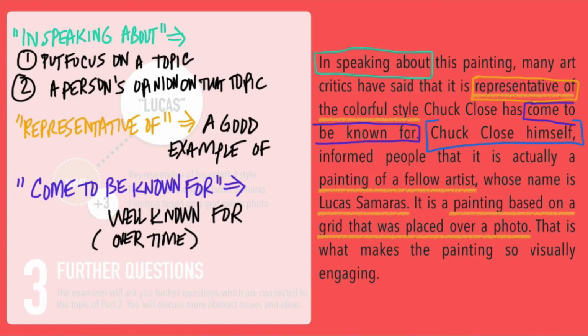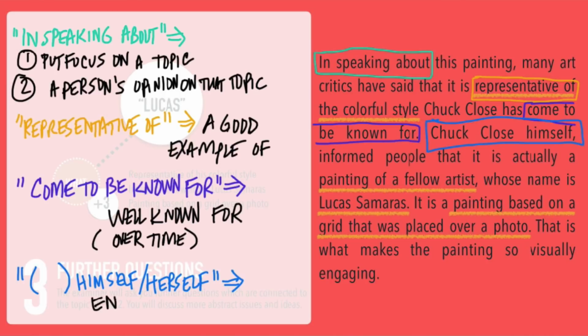Chuck Close himself. So, let's write this on the left side. We have a person's name and then either himself or it can also be herself. Now, we use this pattern when we want to emphasize that they personally did or said something.